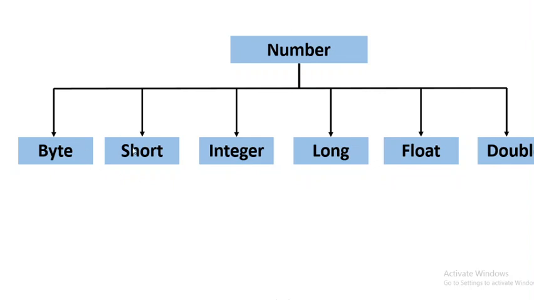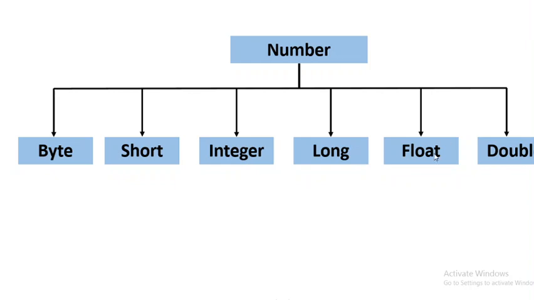Next, Short. Short is the wrapper class for the primitive data type short. Integer is the wrapper class for the primitive data type int. Long is the wrapper class for the primitive data type long.